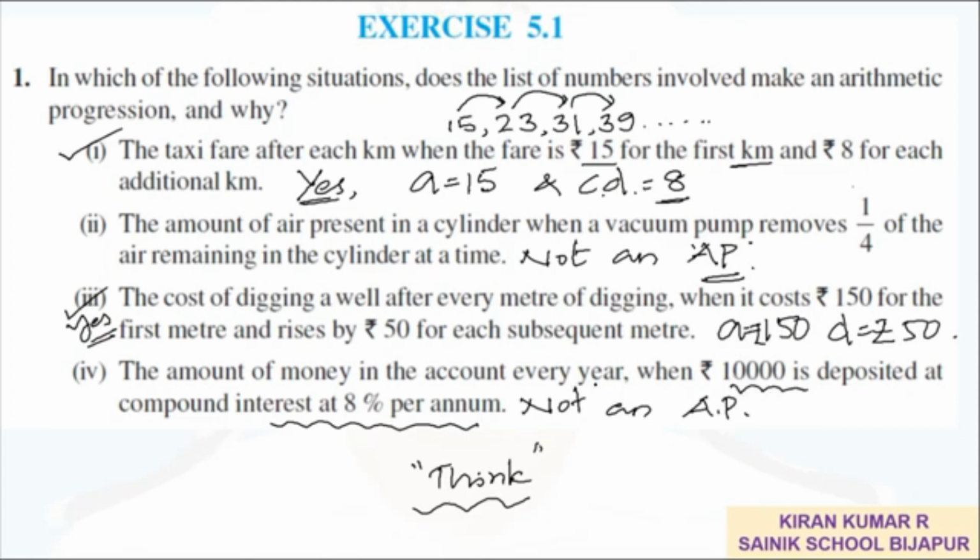The number of years is 1. If you find it out, you will not get a common difference. Here the first term you may consider as rupees 10,000, but you cannot find the common difference. Work it out, then you will really understand why it is not an AP. The reason is that you will not get the common difference.